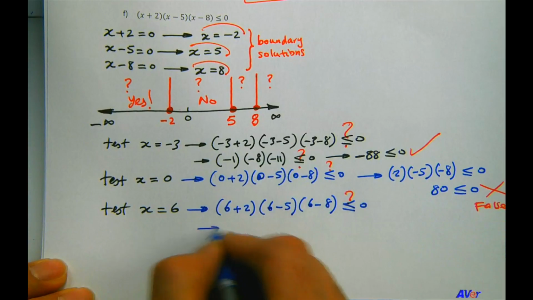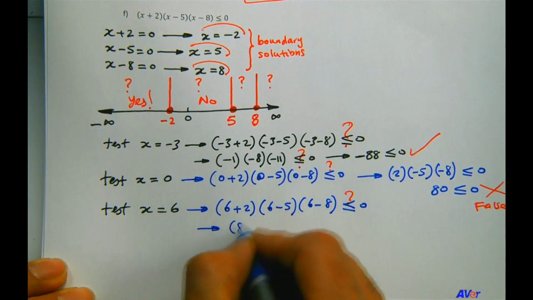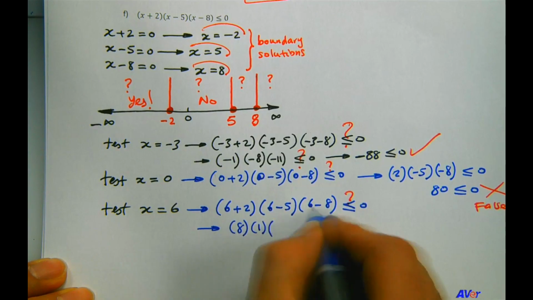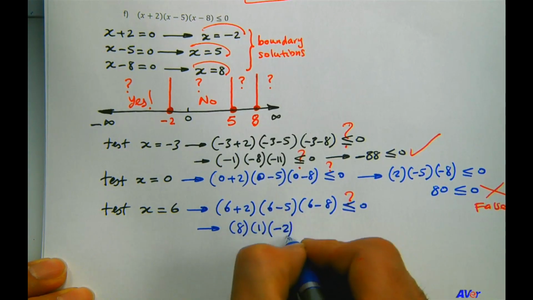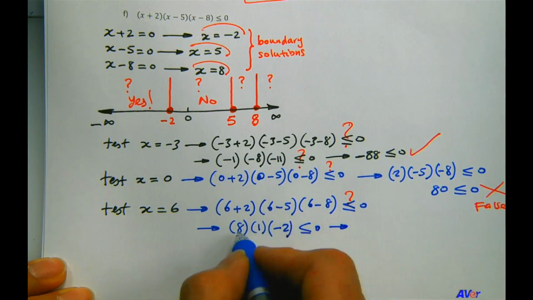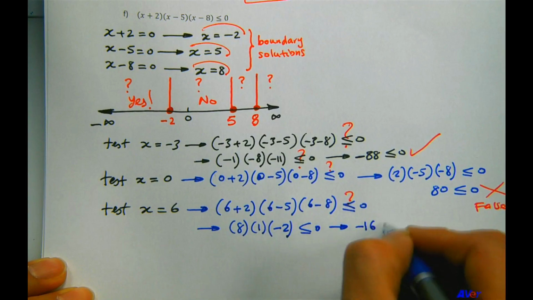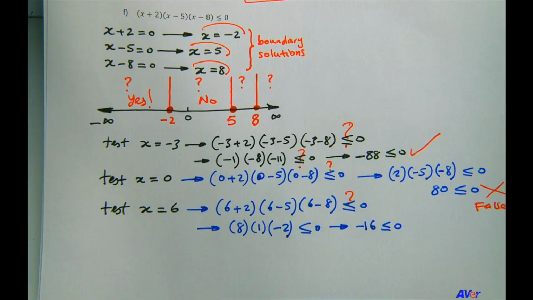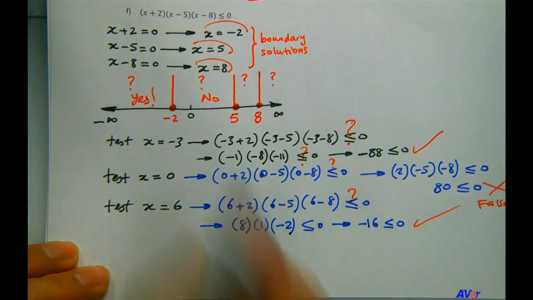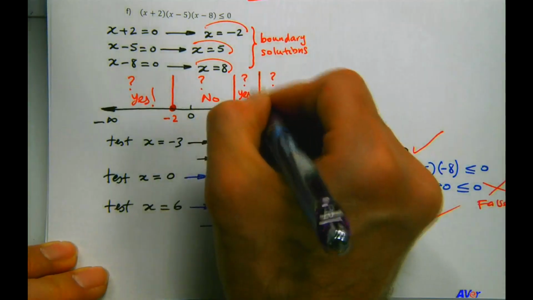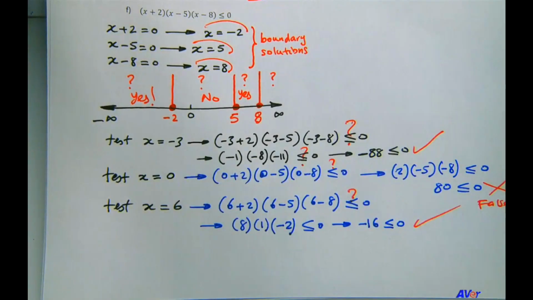Okay, what do we end up with? We end up with positive 8, 6 minus 5 is positive 1, 6 minus 8 is minus 2. Right? After that, we end up with minus 16 less than or equal to 0. Is that statement a valid, true statement? Absolutely. It's true, right? So this region, we say yes. That's acceptable region of solution.